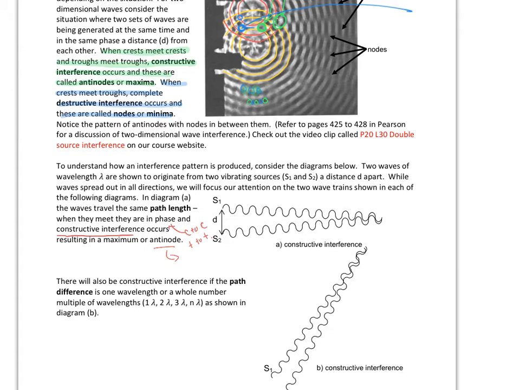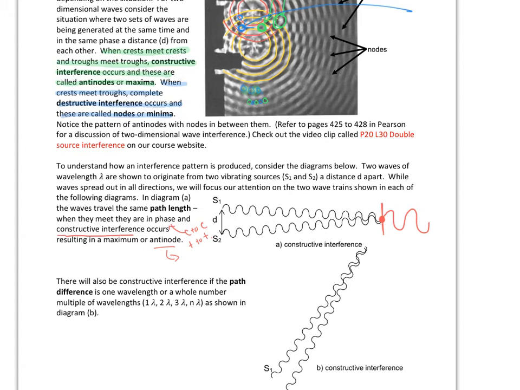How to tell is that they have the same wavelength, and when they get to one point, they are at the exact same point in their wavelength. So our amplitude is going to double here, or they'll be added together.